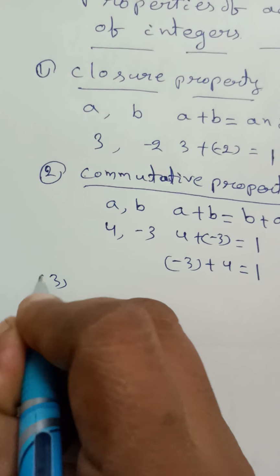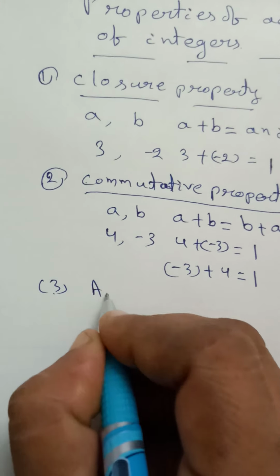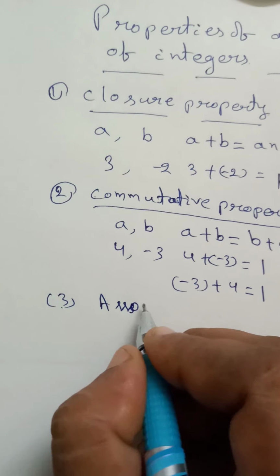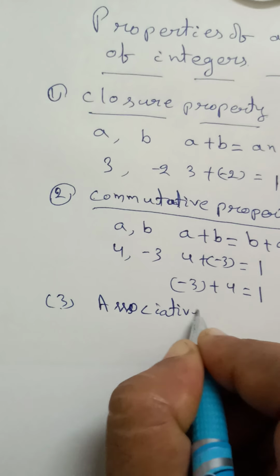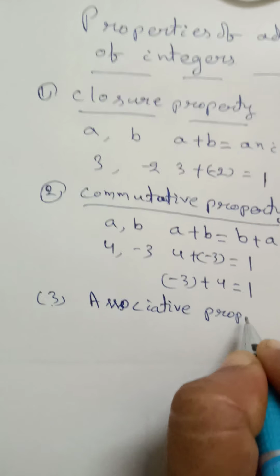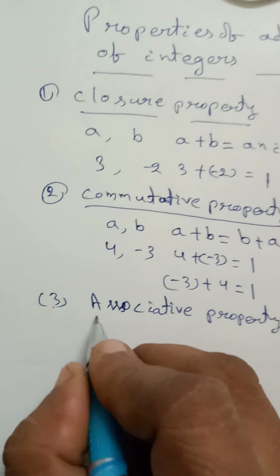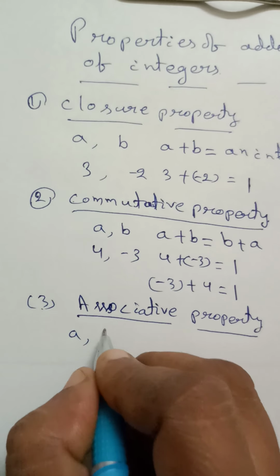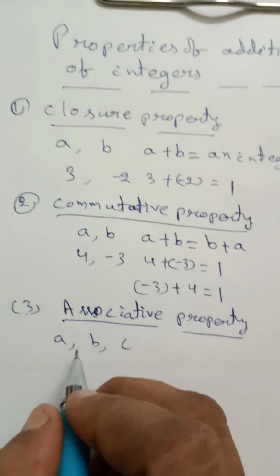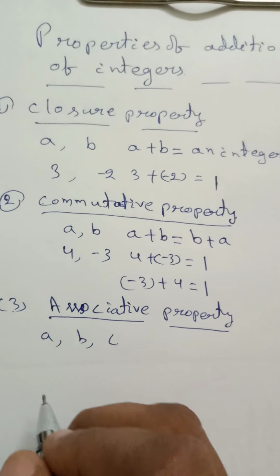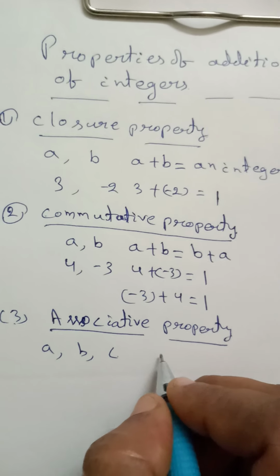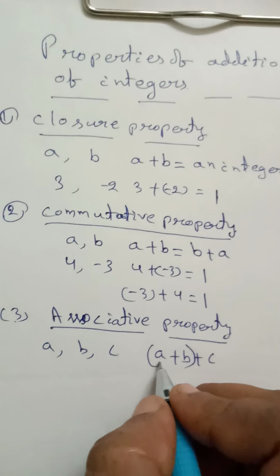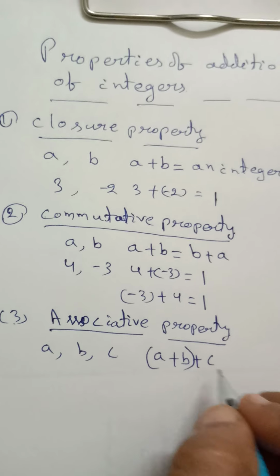Third one is the associative property. What does the associative property mean? In case of three integers, a, b and c, if they are added as a plus b plus c in this order, first we add a plus b, then c.